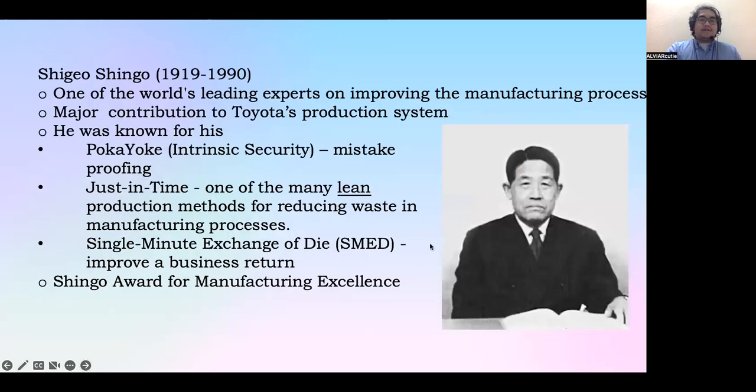So next, Japanese quality guru is Shigeo Shingo, one of the world's leading experts on improving the manufacturing process, major contribution to Toyota's production system. So ito yung sinasabi ko kanina, malaki ang contribution niya sa Toyota which hanggang ngayon is quality. He was known for his Poka-yoke, mistake proofing, and just in time, one of the many lean production methods for reducing waste in manufacturing process.